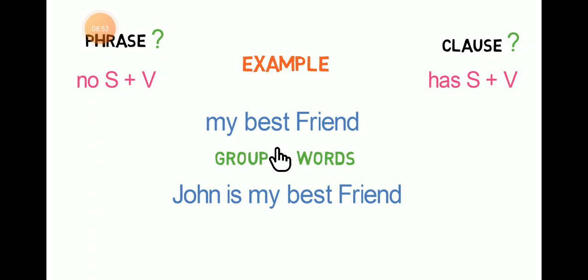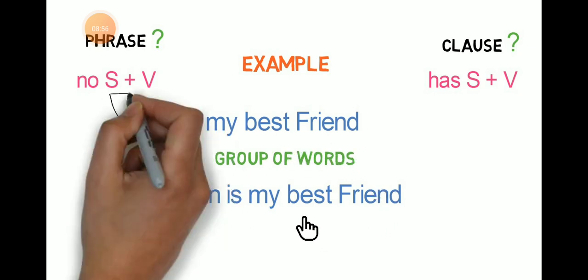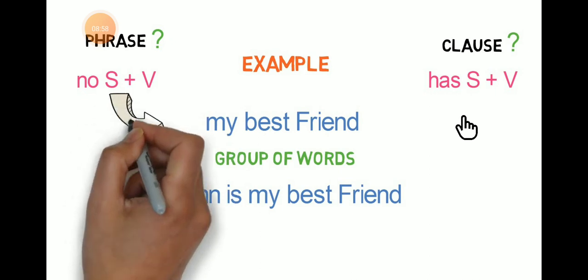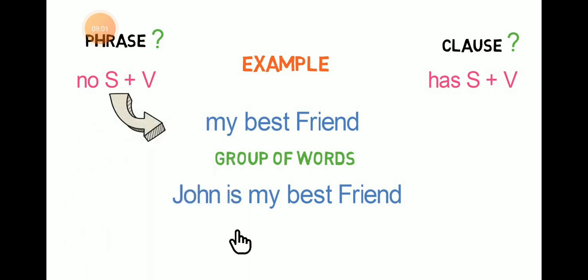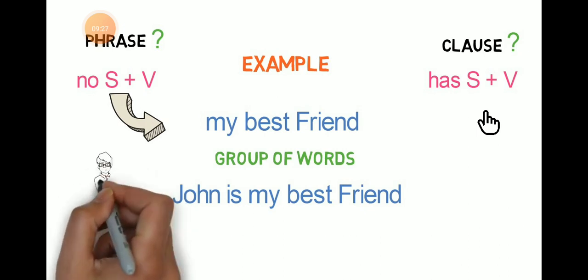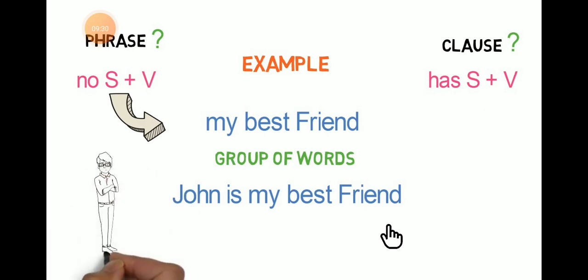That's why this is called a phrase and the other is called a clause. The phrase gives an incomplete meaning, whereas the clause has a subject and verb combination and gives a complete meaning.